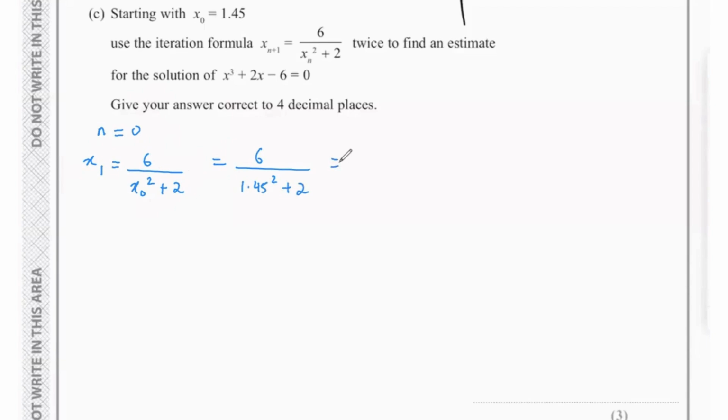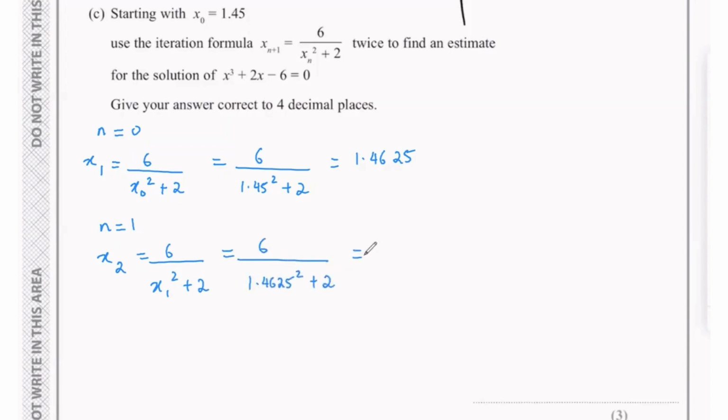That gives us 1.4625. After that, we put n equals 1. So x2 equals 6 over x1 squared plus 2, which is 6 over 1.4625 squared plus 2. That will give us 1.4497. So that's your answer, because they asked us to find an estimate of the solution twice, and we've done that.